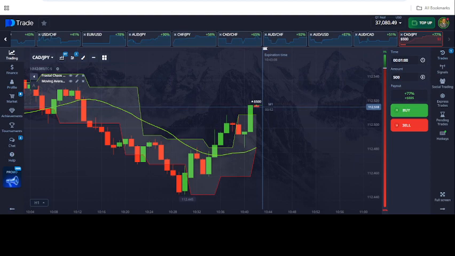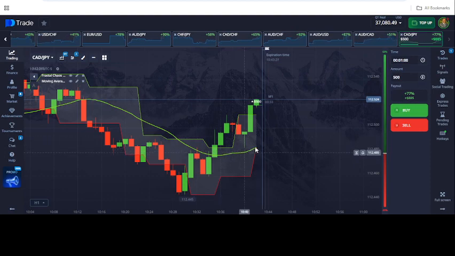Okay, so I'm on the Canadian dollar Japanese yen, and I just took a buy trade here. And the reason why I took the buy trade is the 20 SMA line is showing a positively sloping direction here, signifying a bullish reversal here at this point.